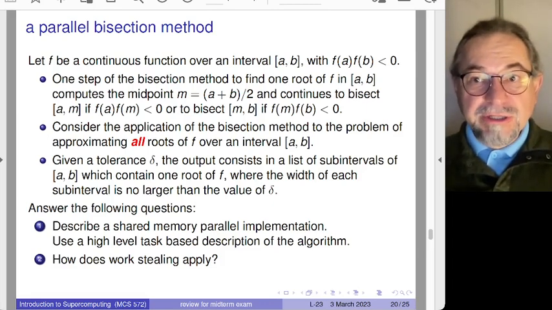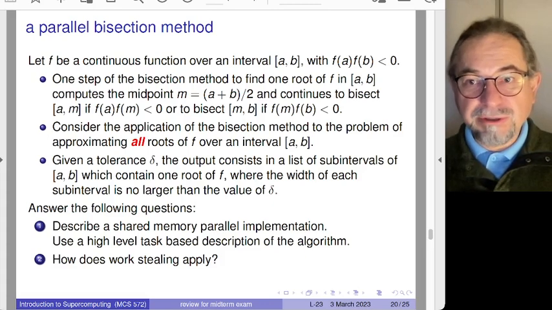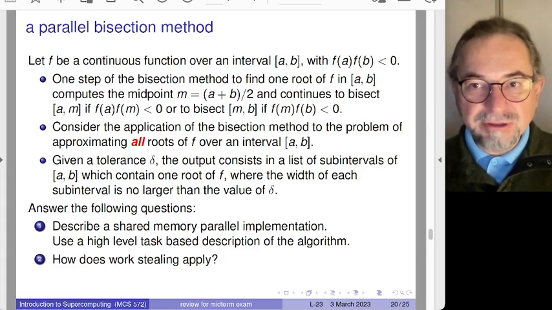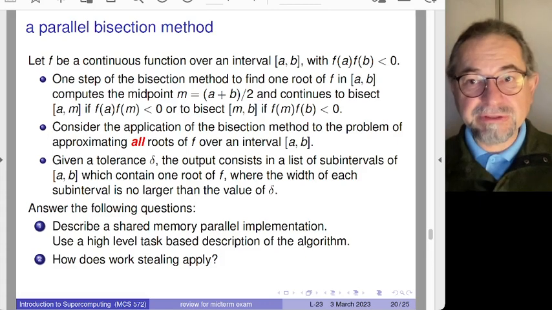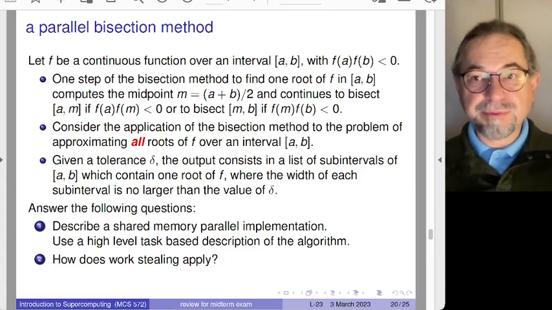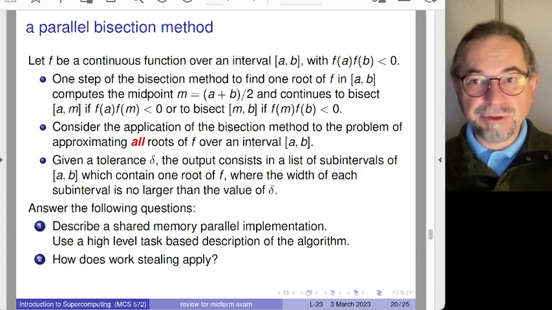How does work stealing apply for this? Well, it would apply in a scheduler, the one that is used in the threading building blocks and other runtime environments. But you could also see this as a job scheduling strategy where you would first use a coarse partition.